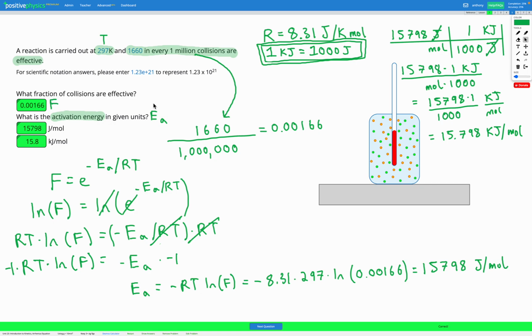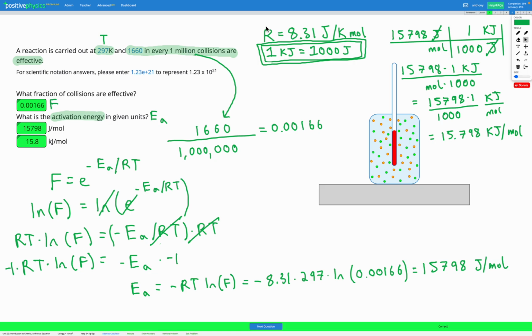So on this question, we're using that same equation, the Arrhenius equation. However, we needed to rearrange it for our activation energy. So we needed to use the natural logarithm, which is the inverse function of the exponent e to the power of, and rearrange that to get our activation energy. We needed to first find the fraction of collisions based on how many in 1 million were effective.